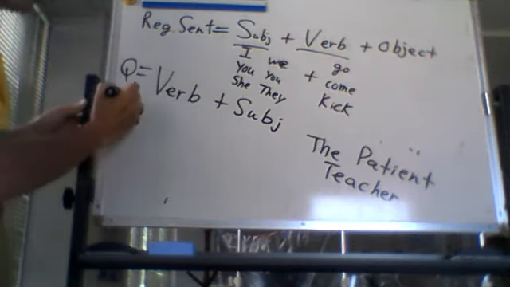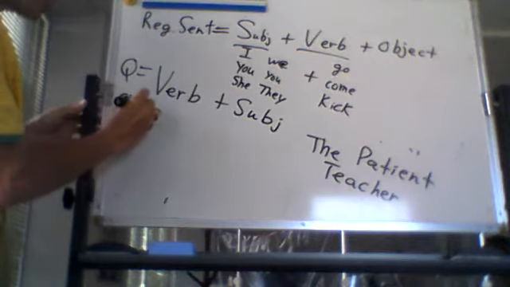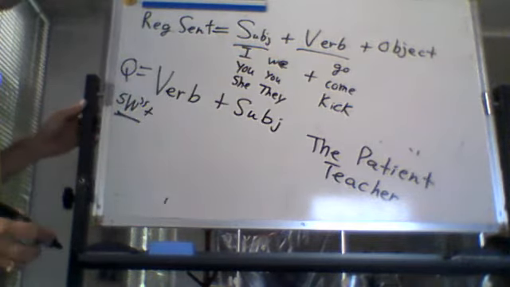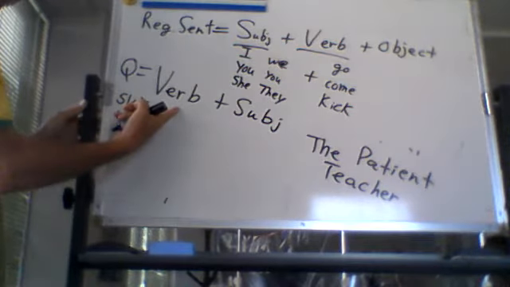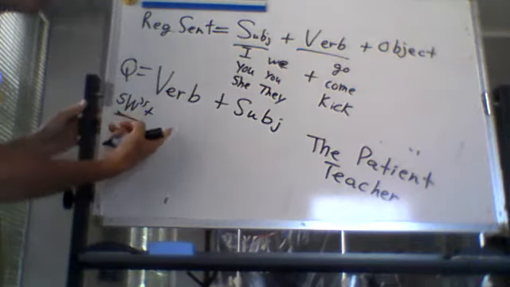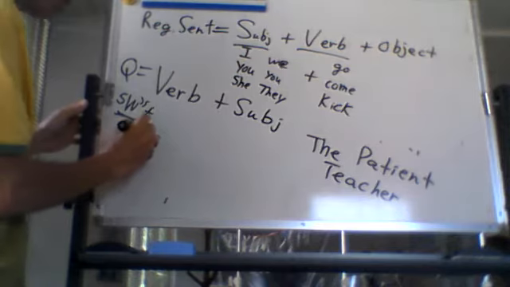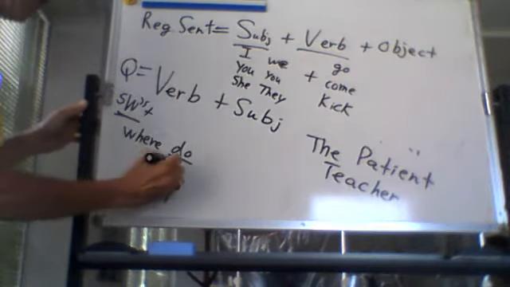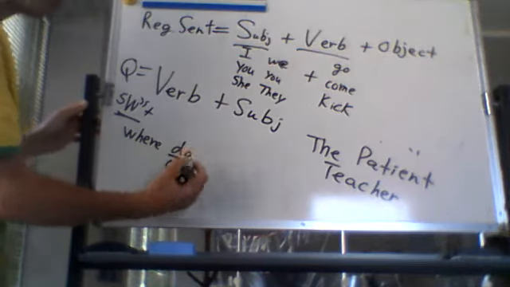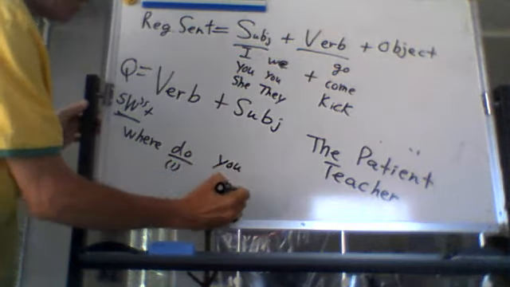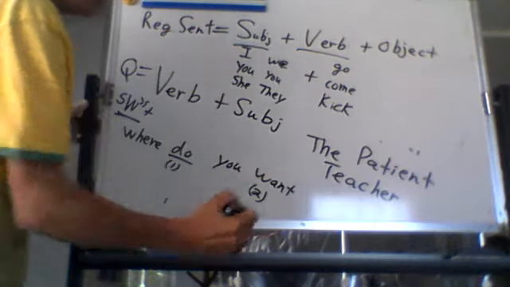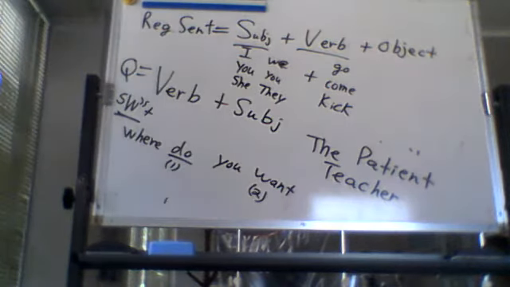Now the words we use, like the 5 W's, they will go here at the beginning. Right? Then you'll have your verb, and in many cases it will be do. Where do, that would be the first verb, the subject, you, and then the second verb, for example, want. Where do you want to eat, for example?